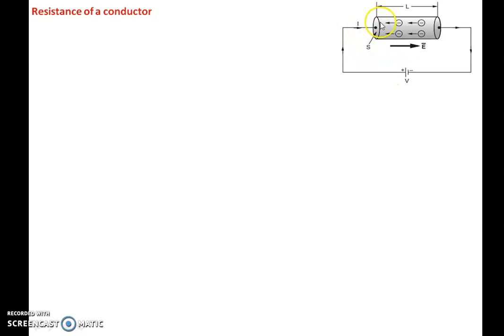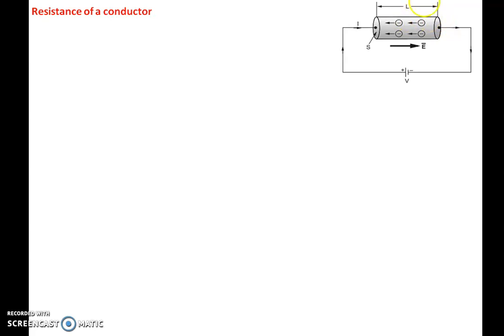Now when I apply external potential to this conductor, there is a field created in the conductor. Because of this field, there is a movement of free electrons. These free electrons will be moving in the opposite direction of the field.